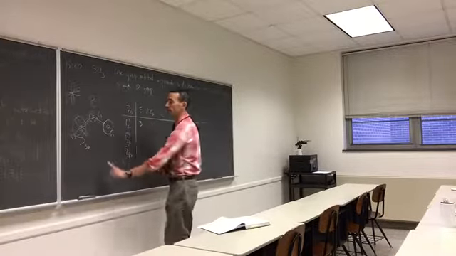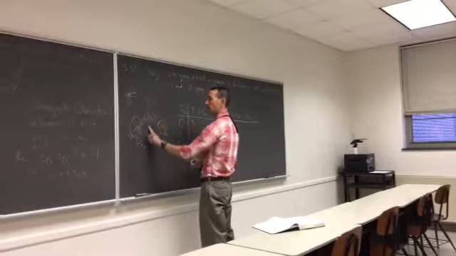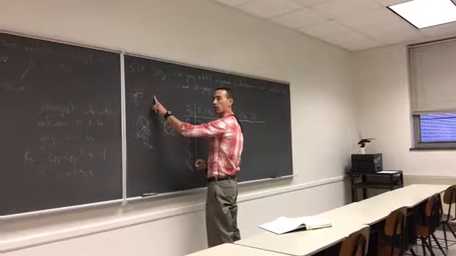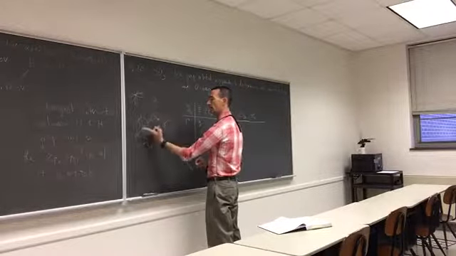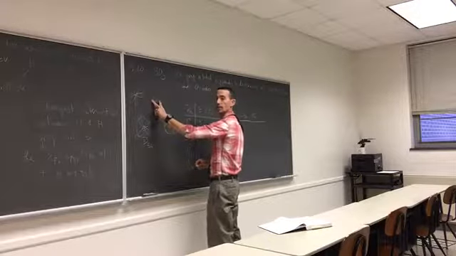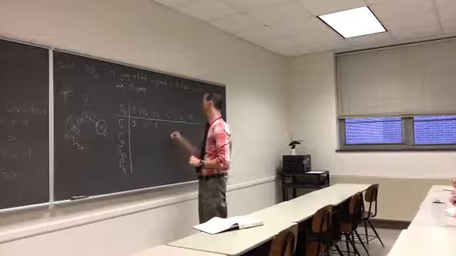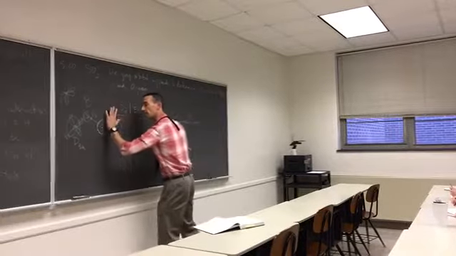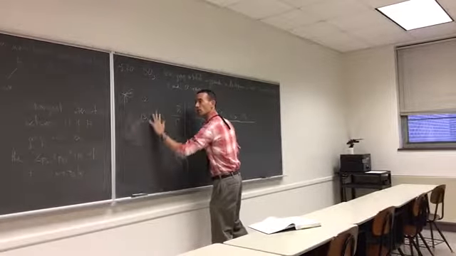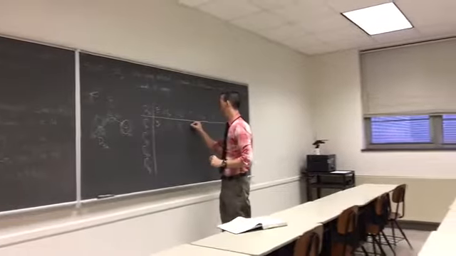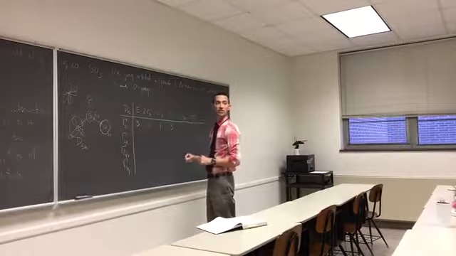C2, the C2 axes are right through an SO bond. So these two would move, and this would not change at all. So that would be 1. Okay? Sigma H is the plane of the molecule. So all 3 stay the same, and they don't change signs or anything. So it's 3.